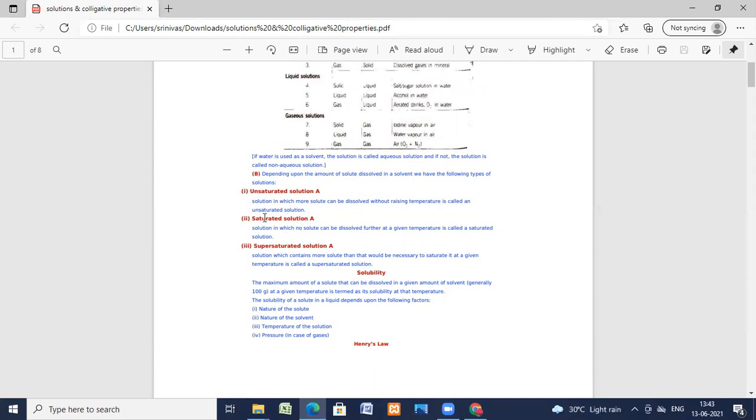What is a saturated solution? A solution in which more solute can be dissolved without raising the temperature is called an unsaturated solution.